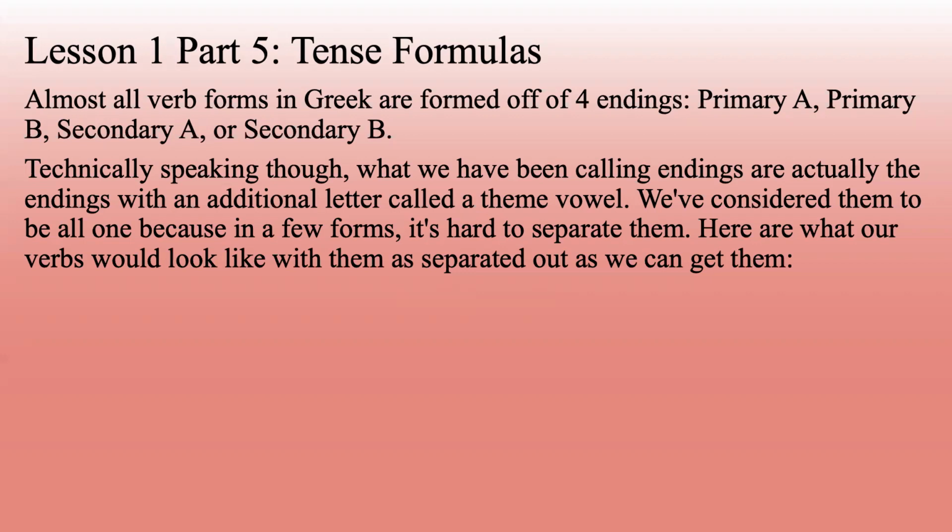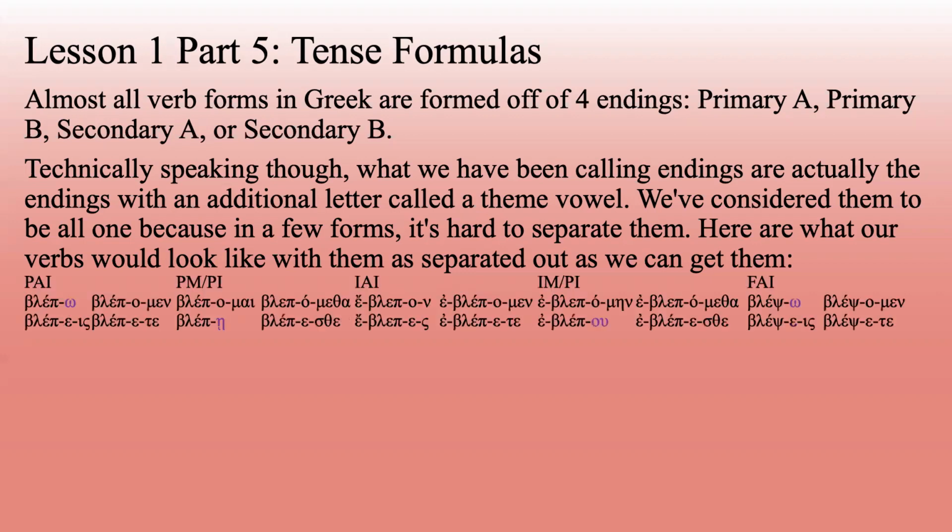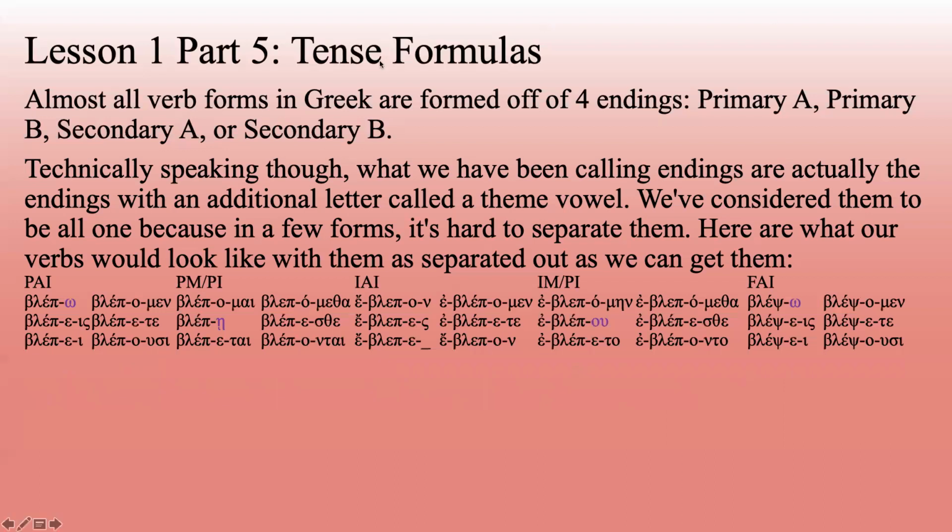Now, here are what the verbs would look like with them separated out as much as we can. So blep-o, we can't really split out that O into the 2 pieces, but blep-e-s, blep-e-i, blep-o-men, blep-e-te, blep-o-usi, blep-o-mai, blep-e, can't really split that one, blep-e-tai, blep-o-metha, blep-e-sthe, blep-o-ntai, blep-o-n, blep-e-s, blep-e, and nothing.